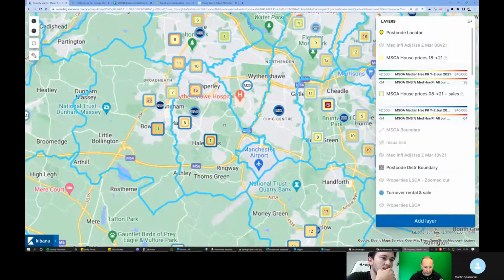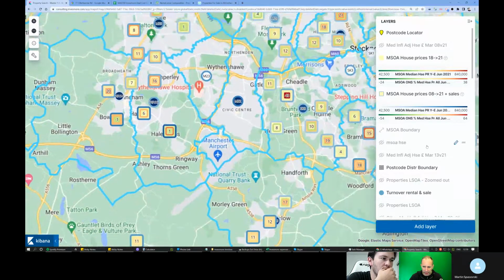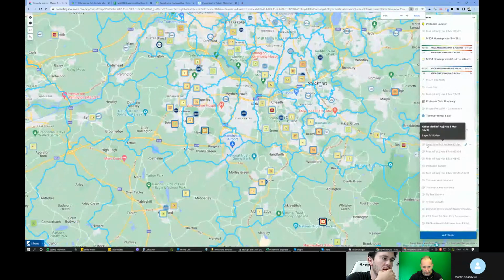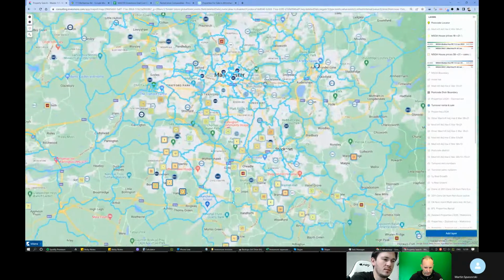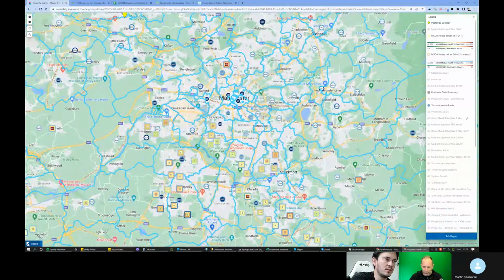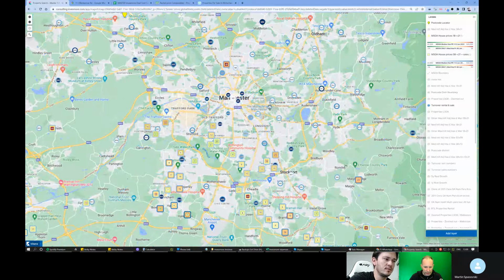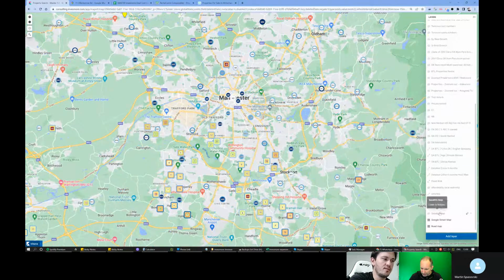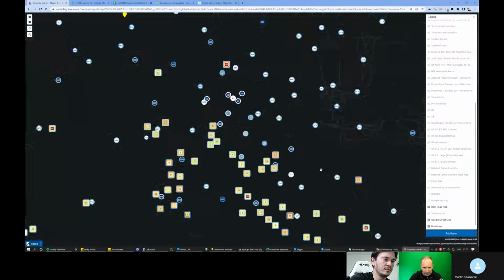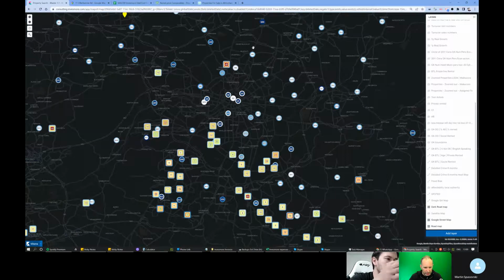Now, the first thing is when you zoom right out, I'm going to zoom out now. I'll zoom back in a minute, but I just want to show you the overall patterns because I think that helps you understand the geography. I'll hide the postcode district boundary so you can see a little better, and maybe I'll do the dark road map so it helps you get your bearings as to where the action is.